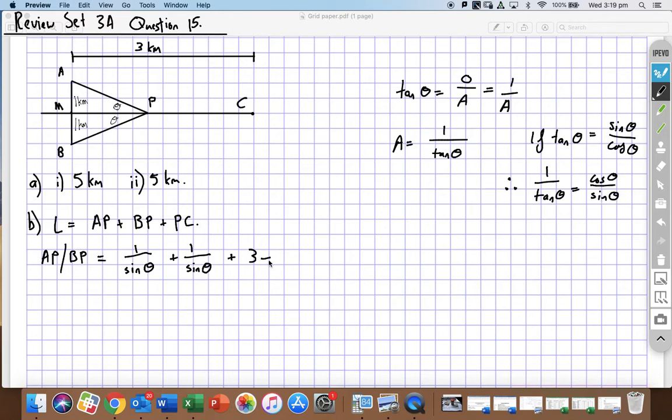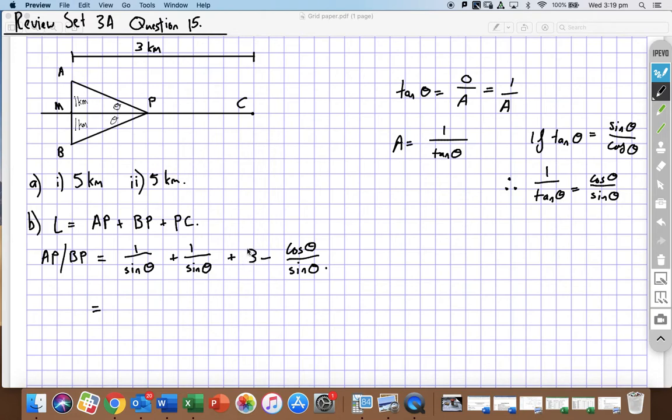So we'd have to do minus away cos theta divided by sine theta, right? And put in, this is quite nice. We've mostly got a common denominator here.